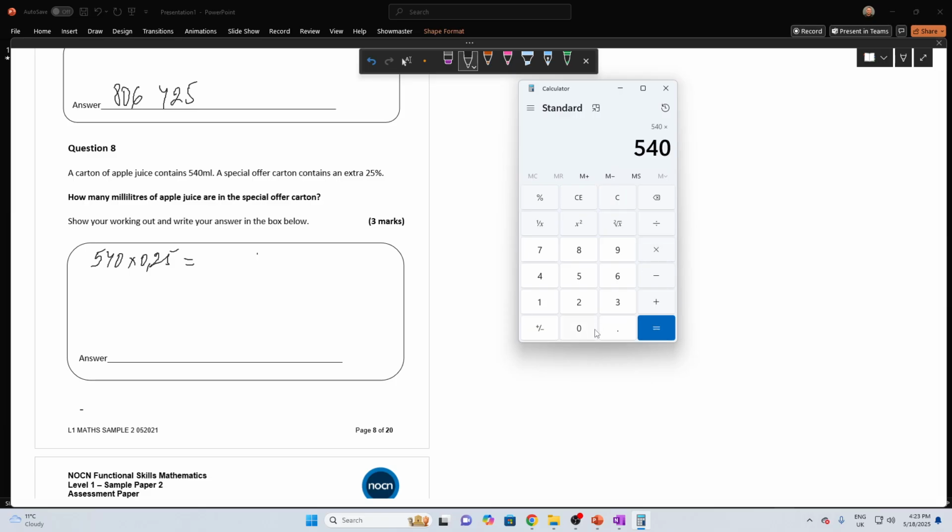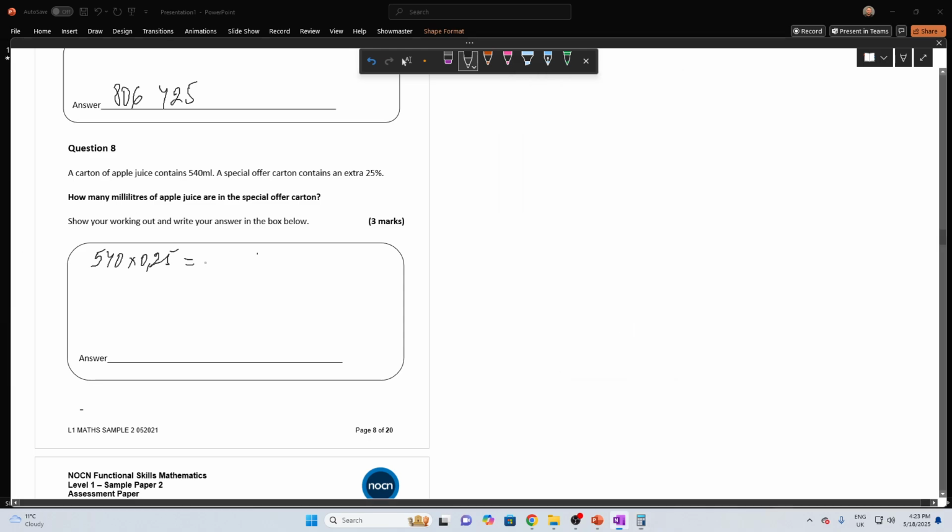Your extra is going to be 135 milliliters, and then you just add it: 540 plus 135, and you will have 675 milliliters. So this is your answer.